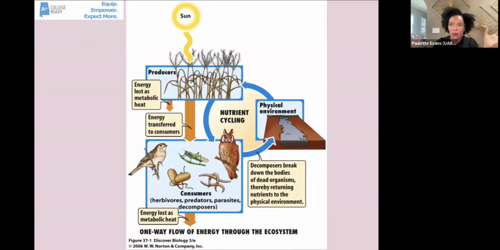We'll break them apart, put them back together, build them up into large molecules, and break them apart again. So the nutrients themselves, the elements and molecules found on the periodic table that we deal with in this particular chapter or unit, will be recycled in the ecosystem. So energy flows, nutrients cycle.